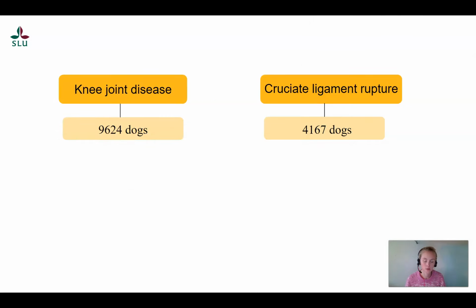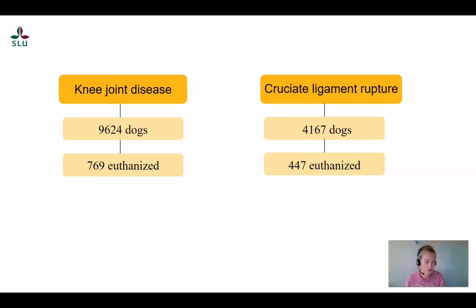So, over to some results. In total, 9,624 dogs were affected by knee joint disease, and of these, 4,167 dogs were affected by cruciate ligament rupture. Some dogs were actually euthanized due to these conditions. 769 dogs were euthanized due to knee joint disease, and of these 447 were euthanized due to cruciate ligament rupture.